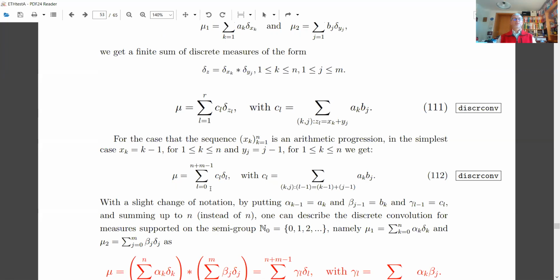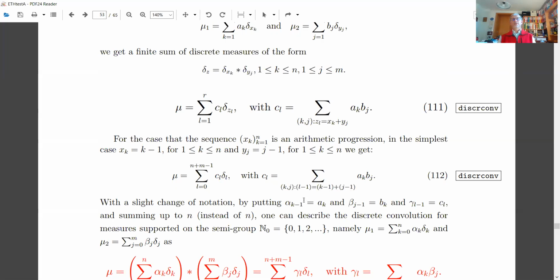Don't worry about the minus 1. At some places, maybe I have been a bit sloppy at the moment, but if you have a suggestion for correction, let me know. So the coefficients are sums of products, where this selection is made such that you are starting with l minus 1 equals k minus 1 plus j minus 1.